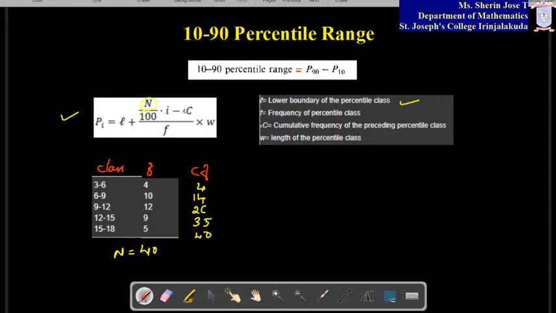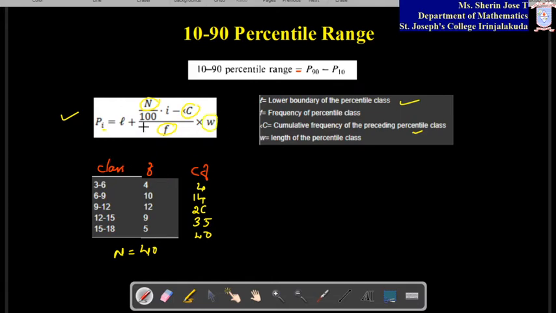Here N is the total frequency. i, that is the suffix, which is the percentile you are finding, that you have to multiply here, and C is the cumulative frequency of the preceding class, just previous one, and f is the frequency of the percentile class, and w is the length of the percentile class.